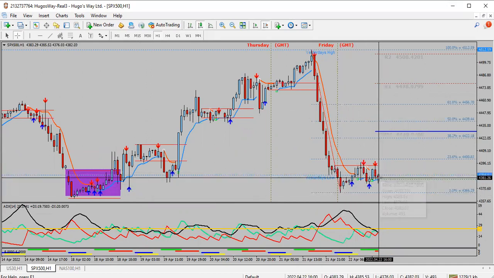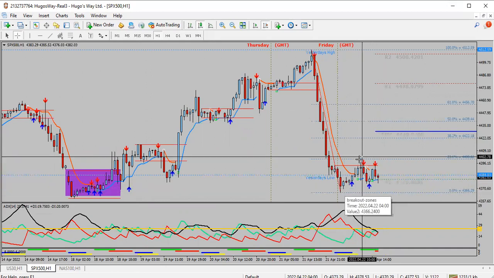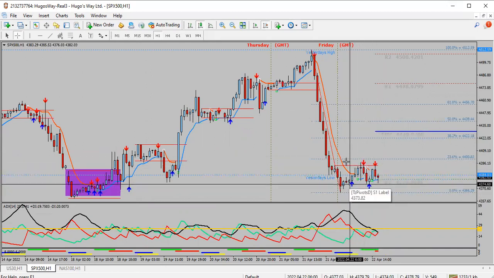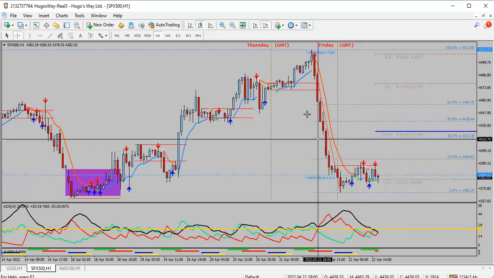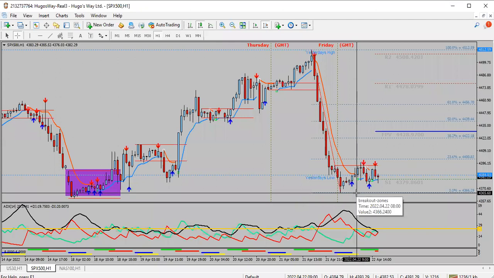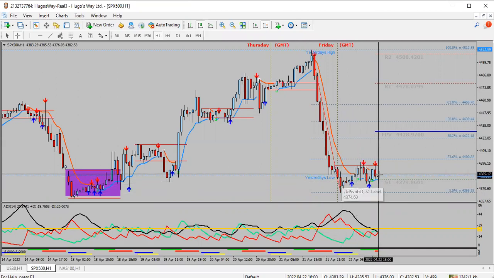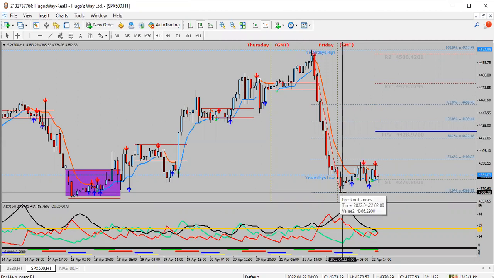I guess with this one it would need to come, because the breakout zone is not there. I don't know why, maybe because it's so gappy and so long, but the breakout zone is right here at 43.65. Let me see. Is this okay? Yeah, that would technically be the breakout zone.